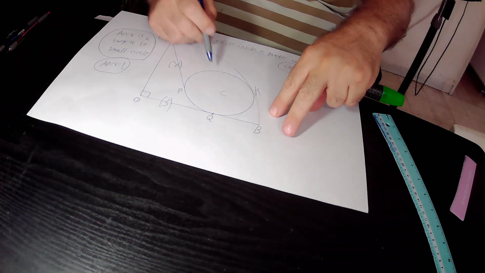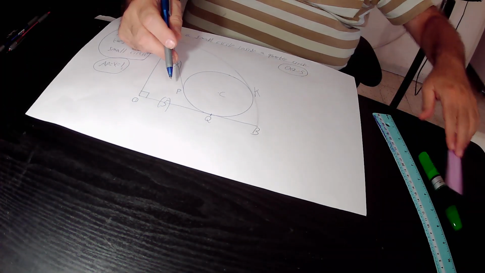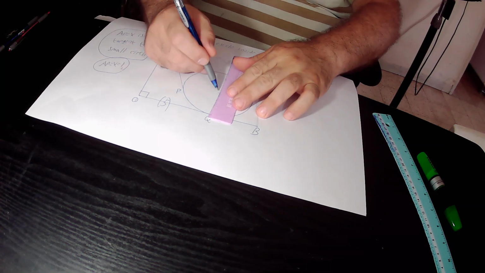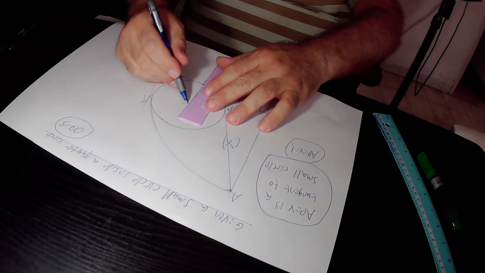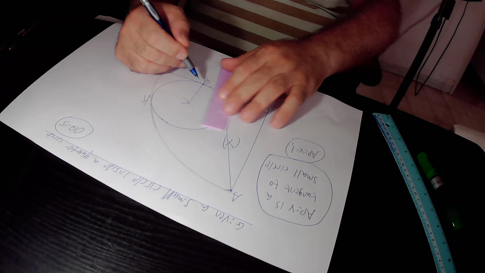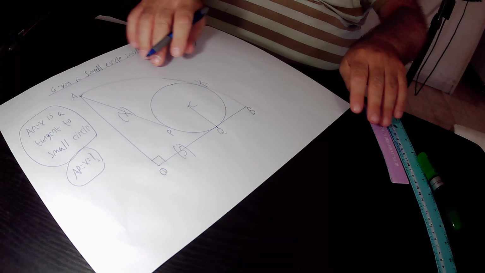And we join point C and Q together by a straight line. CQ is of course the radius of this small circle.